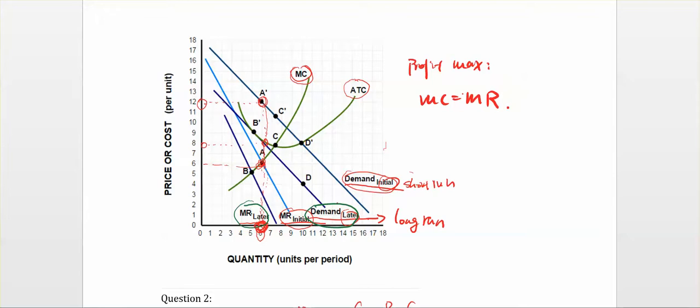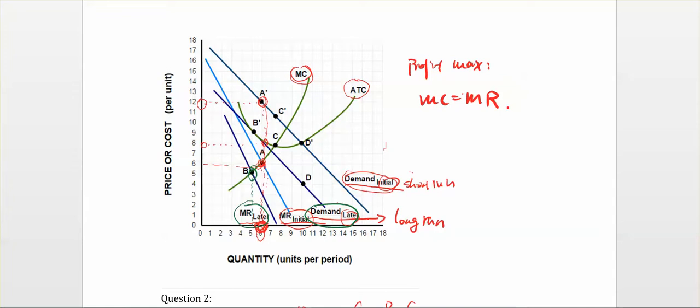Again, marginal revenue equal to marginal cost gives us the optimal output. Look at the later marginal revenue curve, this dark blue line. The intersection between the dark blue line and the increasing marginal cost curve gives us point B, the equilibrium point.